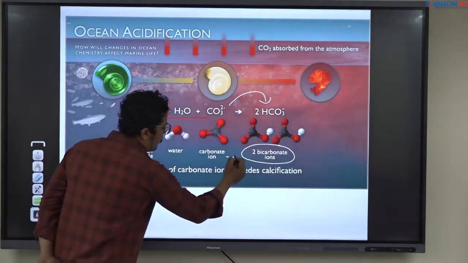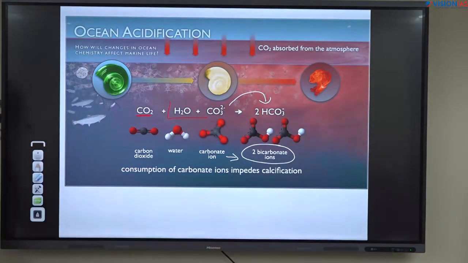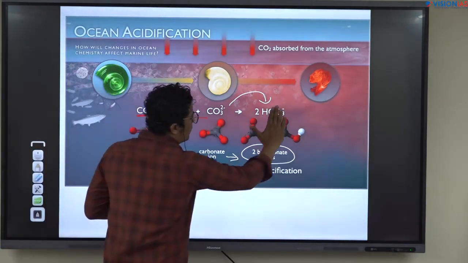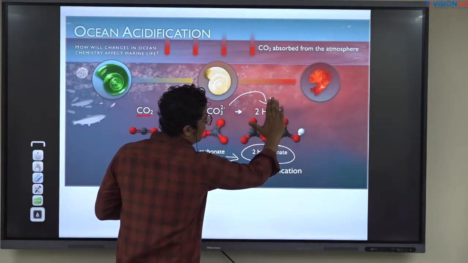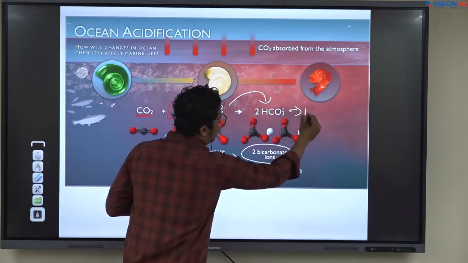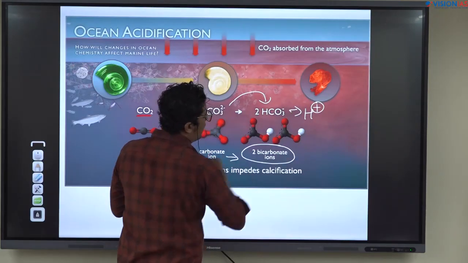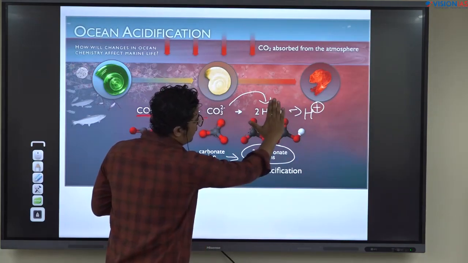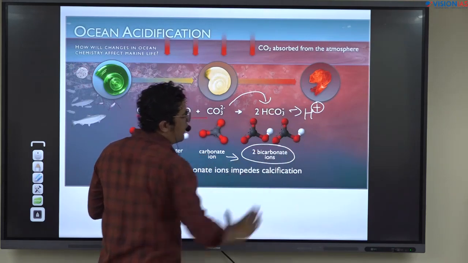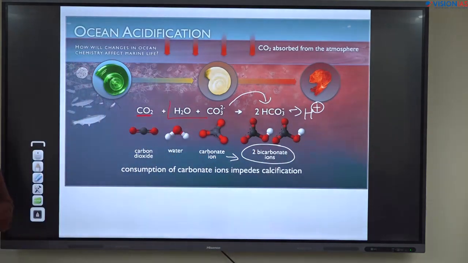So you can see this further will release H+ ions in water. You can see there are H+ ions in it. So it will release H+ ions, and whenever H+ ion concentration increases, the solution becomes acidic. So this is ocean acidification.